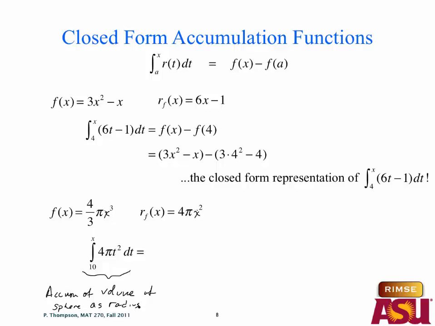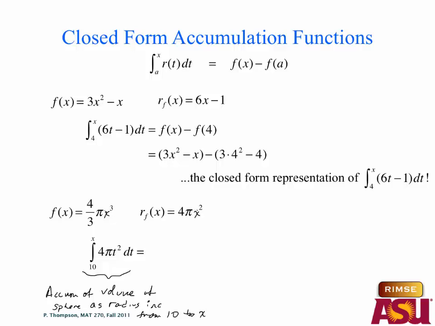What do we think? Pretty good. Okay, yeah, accumulation of the volume of the sphere as radius increases from 10 to x. And is that expressed kind of just as a lump sum of change? This just changes, boom, this much?